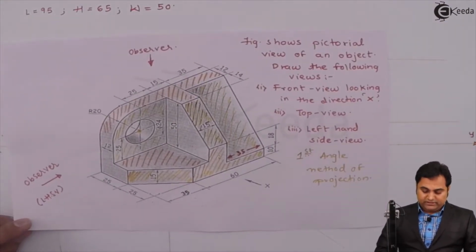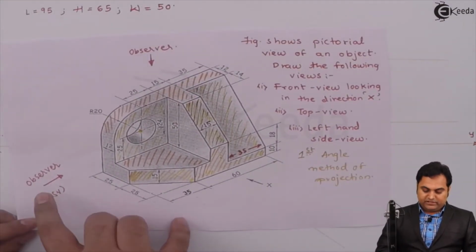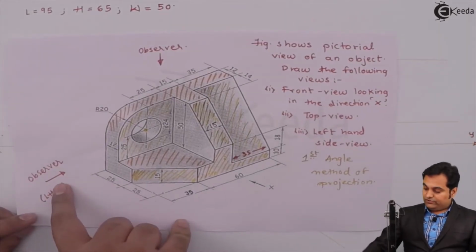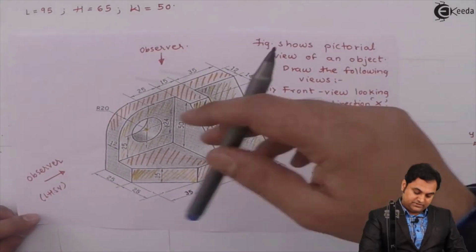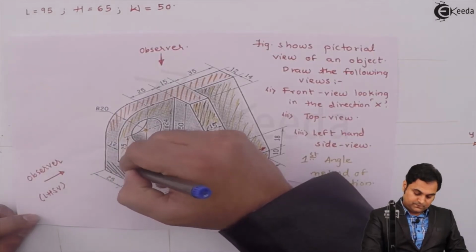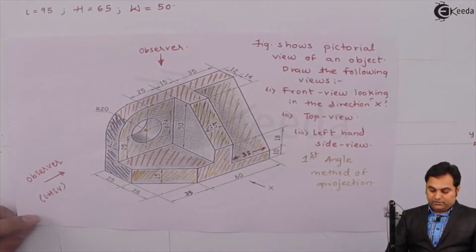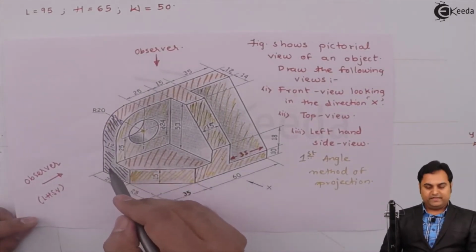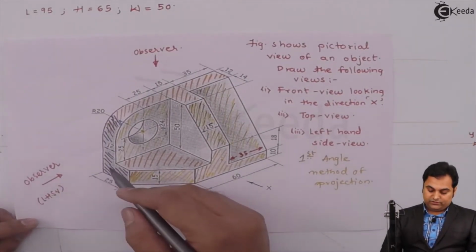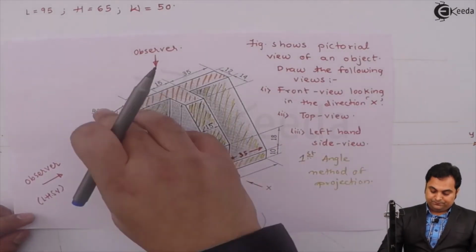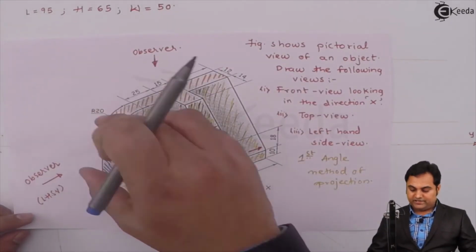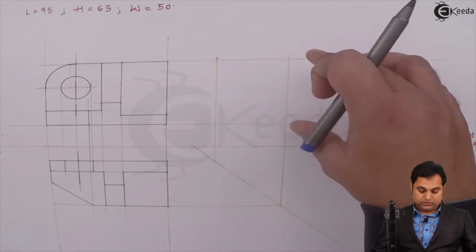Then for the left hand side view, as an observer we are looking from left hand side. The first thing which is visible is this surface. It will appear as a vertical and horizontal rectangle. So first, the height of this portion, it is the total height which I can get from the front view.